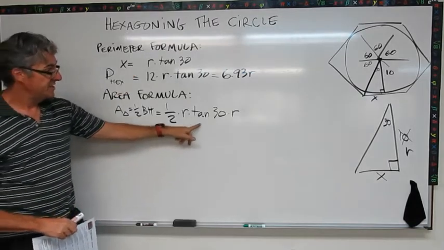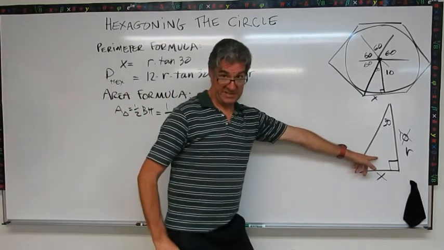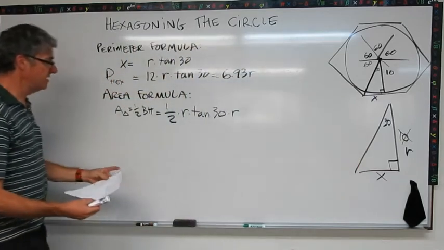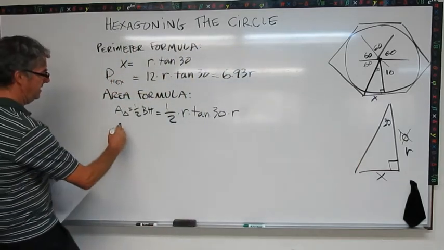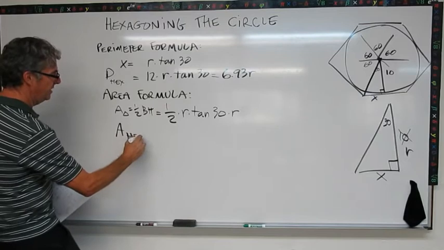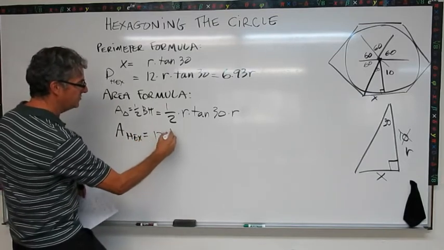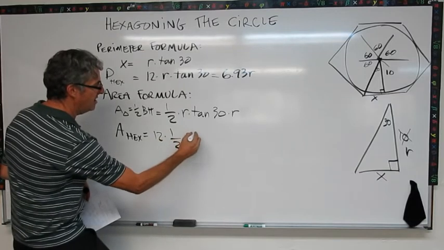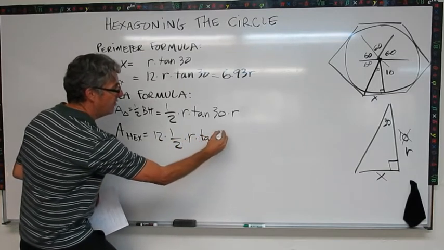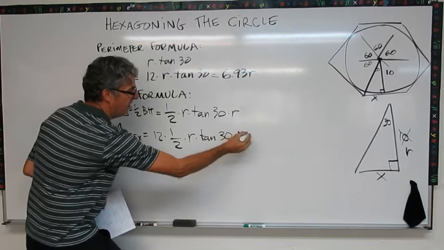So this is the area of one of these. If we want the area of the hexagon, or area hex, that's going to be 12 of those. So we're going to get 12 times 1/2 times r times tan 30 times r.